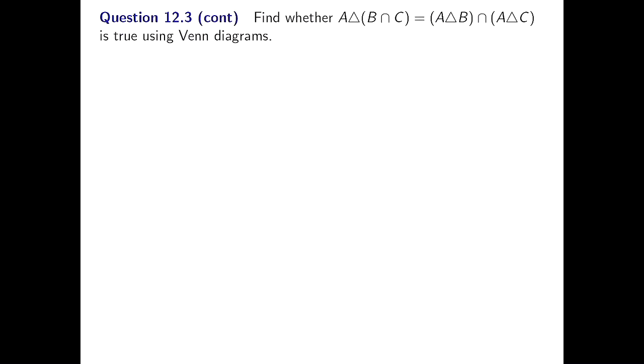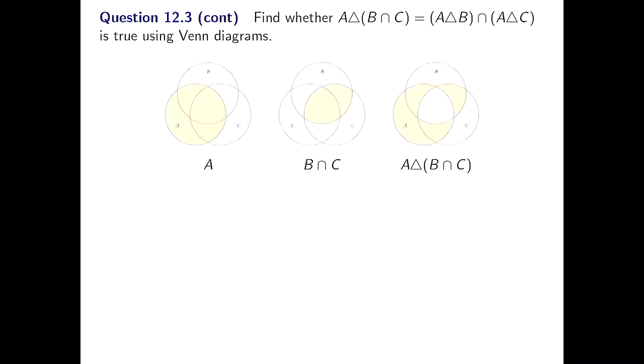If we tried this the other way around, though, I think we'd run into problems. So question 12.3 asks, the second part asks this the other way around. Here's A, here's B intersect C. Symmetric difference, things that are shaded in one of these but not both, we wind up with this.